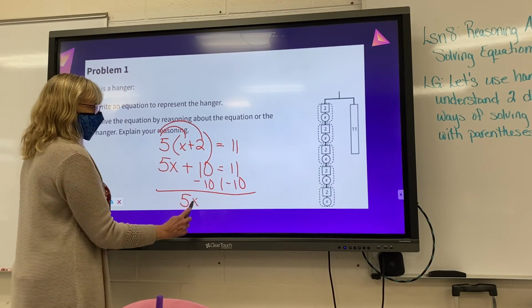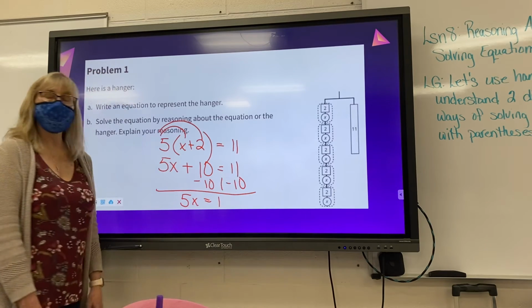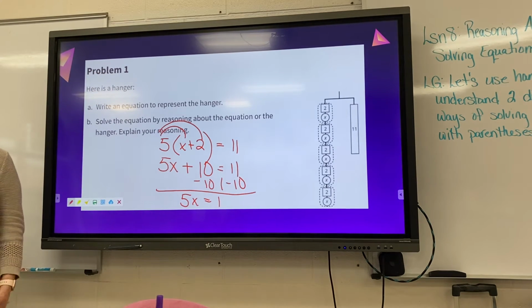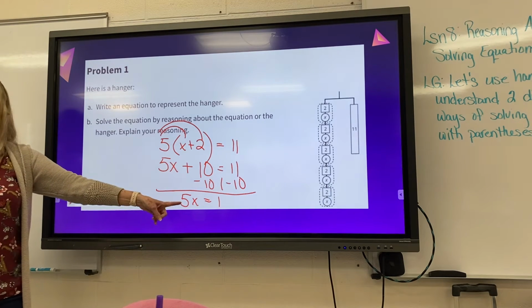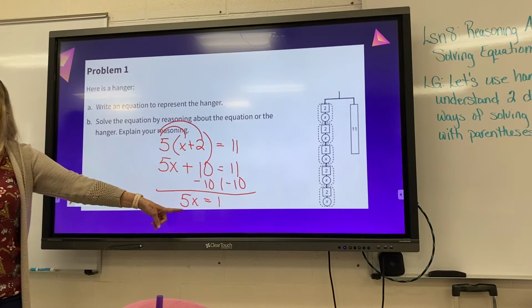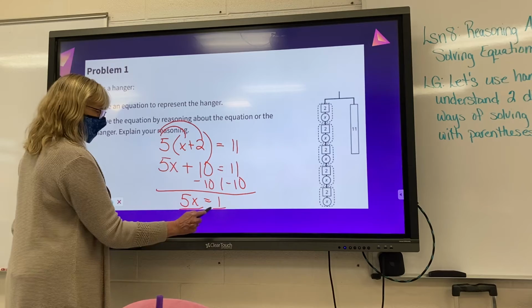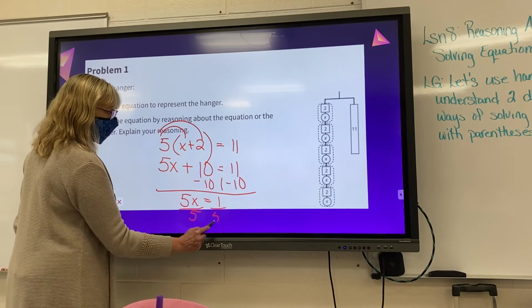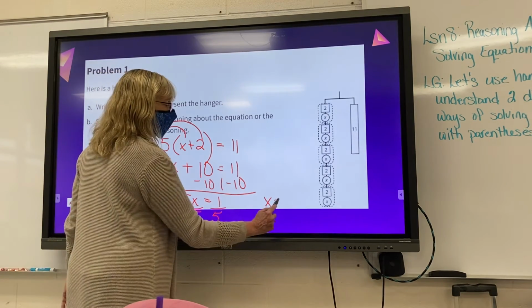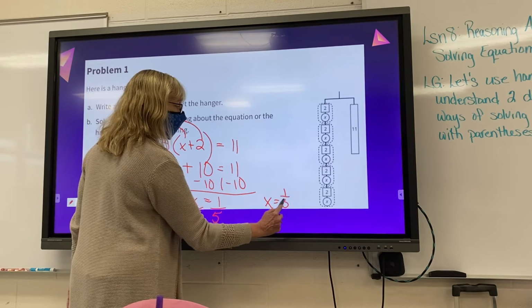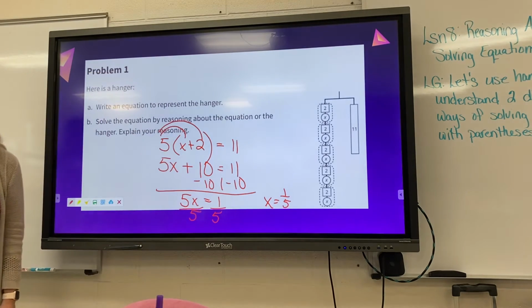I get 5x equals 1. What's connected to the 5? The x. Multiplication. So how do I undo multiplication? Division. I'm going to divide both sides by 5. So that's going to give me x equals 1/5. It's okay if the answer is a fraction.